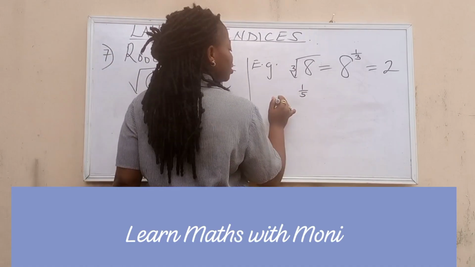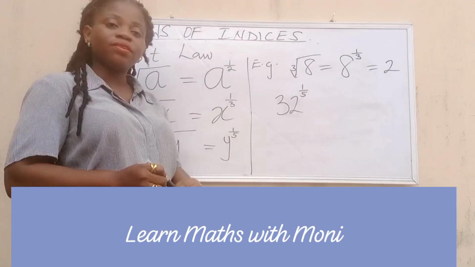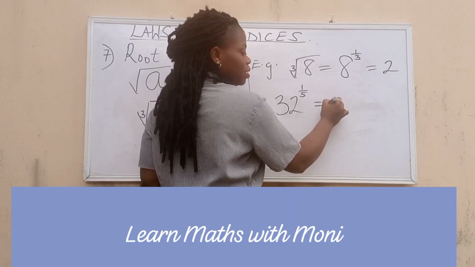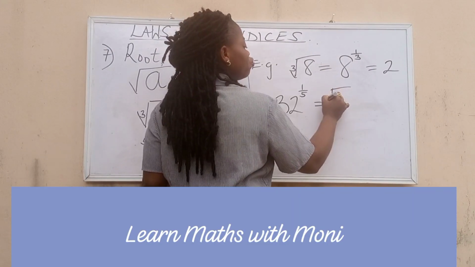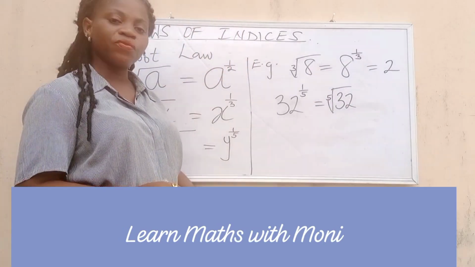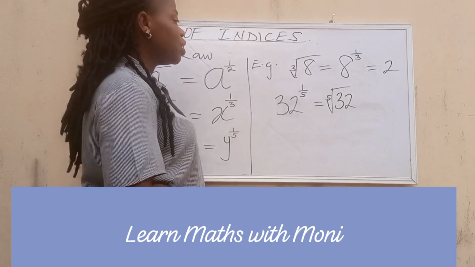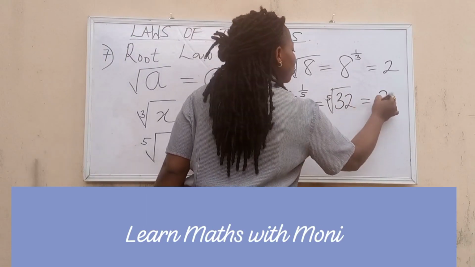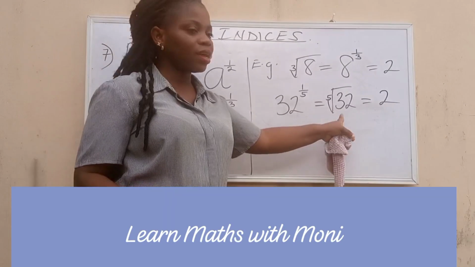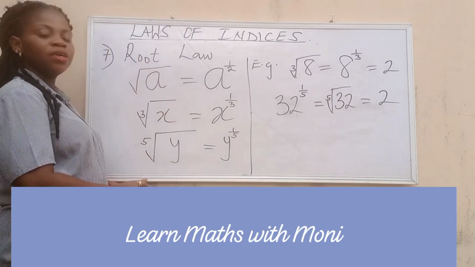Another example is when I have 32 raised to power 1 over 5. This simply means the fifth root of 32. And the fifth root of 32, just like you know, is 2, because 2 multiplying itself in 5 places gives 32. That is all about the root law.